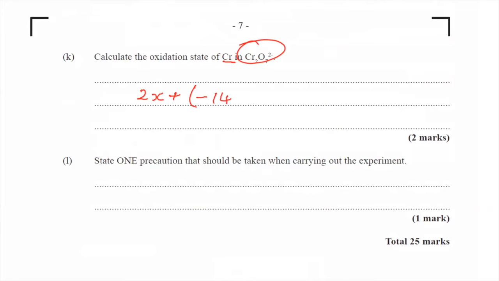So we'll just put -14 there. All of that is equal to -2, the charge on the polyatomic ion.